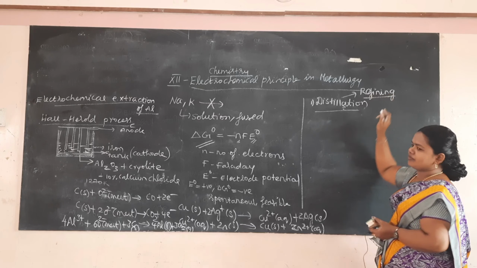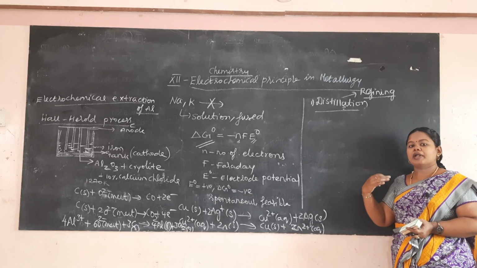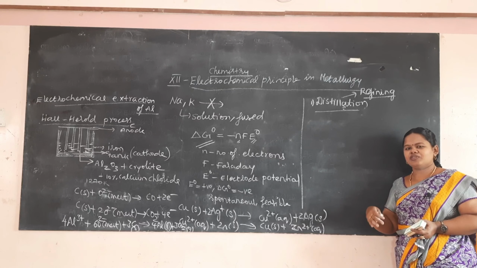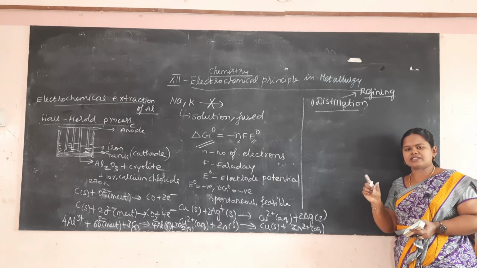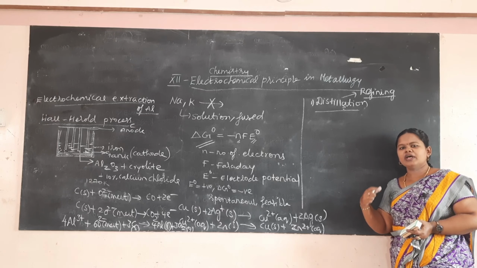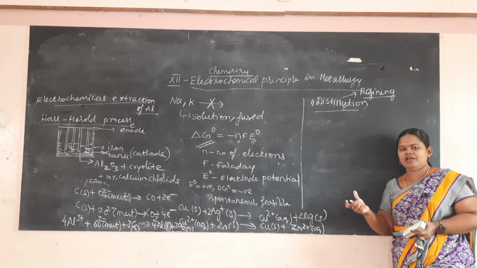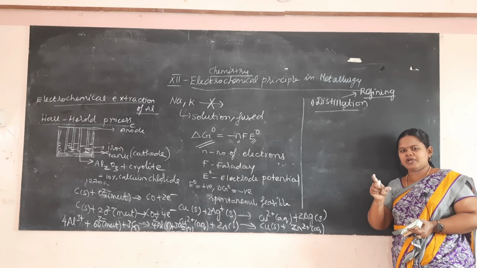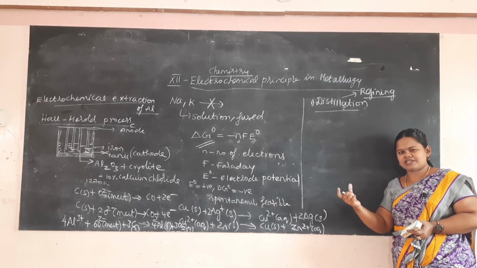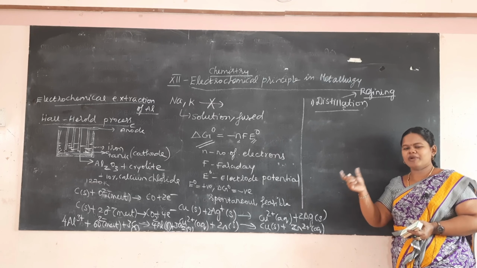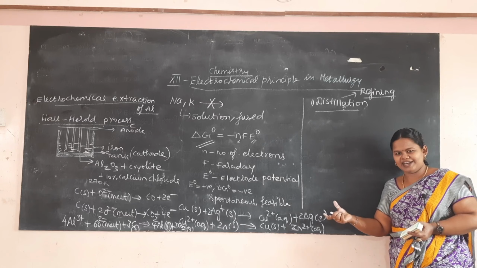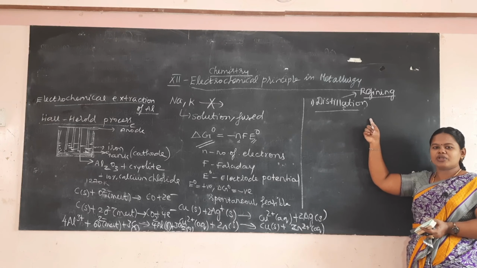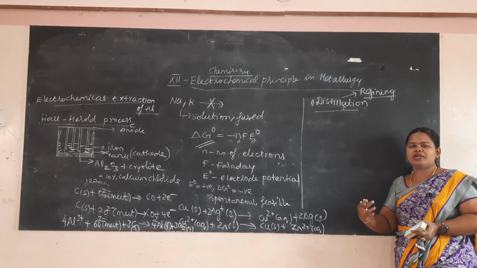In metallurgy, we get the reduced metal at the end of the reaction. First is concentration or enrichment of the ore. Second is production of the metal. How is it produced? First the ore is oxidized to get metal oxide, then the metal oxide is reduced to get the metal. And the last step, we remove the unwanted impurities.